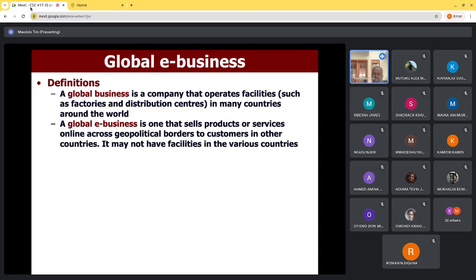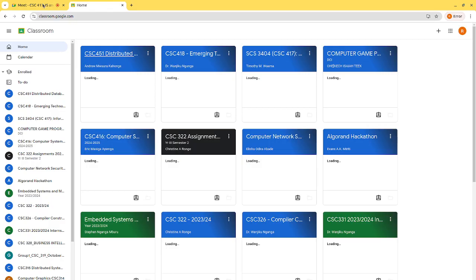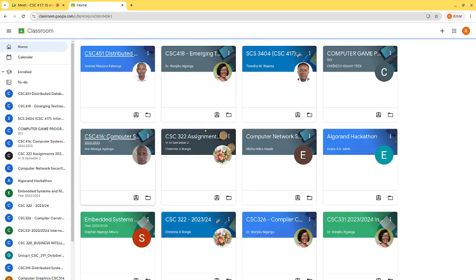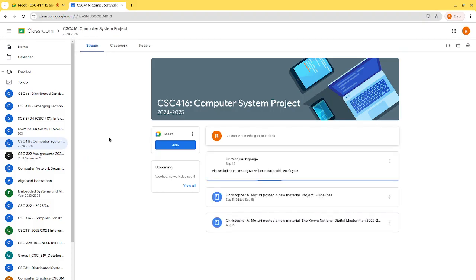And once you produce, you need distribution centers in different countries. You could have one in East Africa or even in Kenya. And then you have many retail outlets to reach the customer. So a global business operates across many countries, whether factories, distribution centers or retail centers, so that you can reach your customer globally.